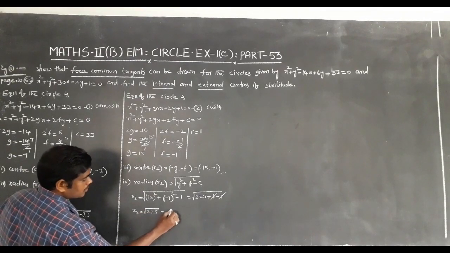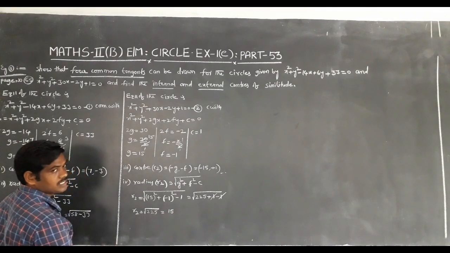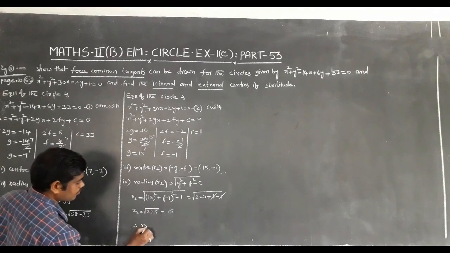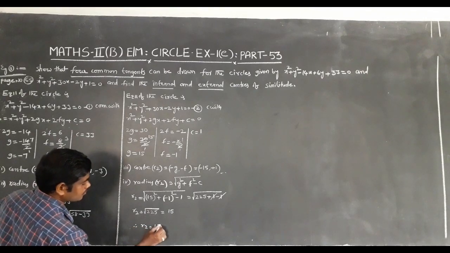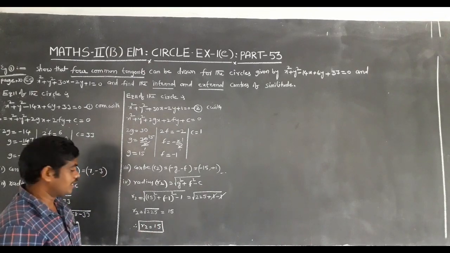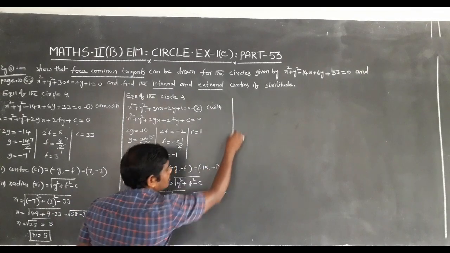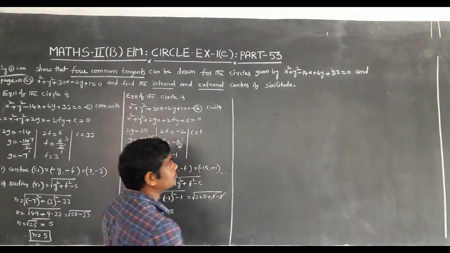Under root 225 means 15. Therefore R2 is equal to 15. This is the radius of the second circle. Again, find C1C2.